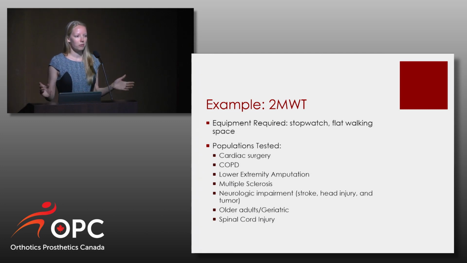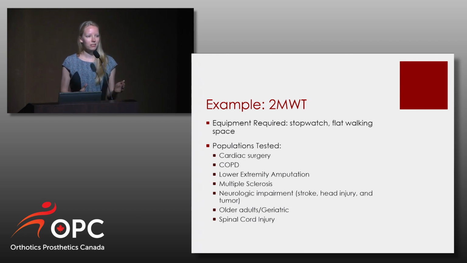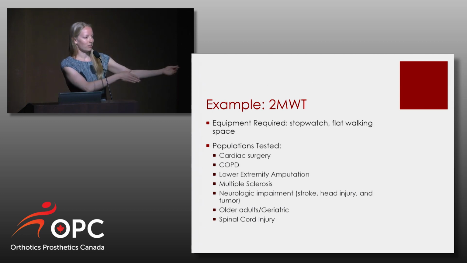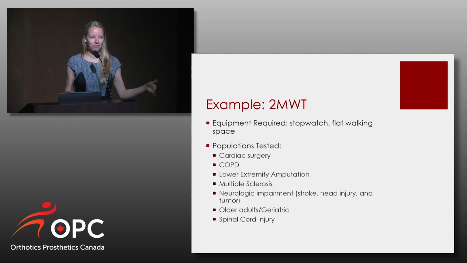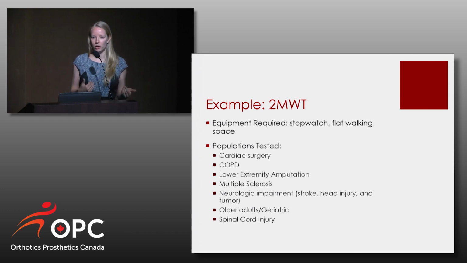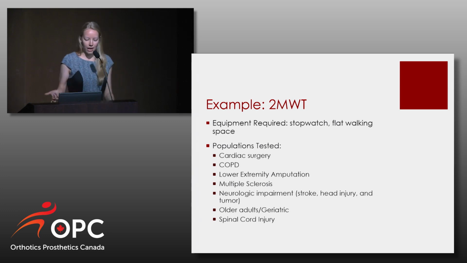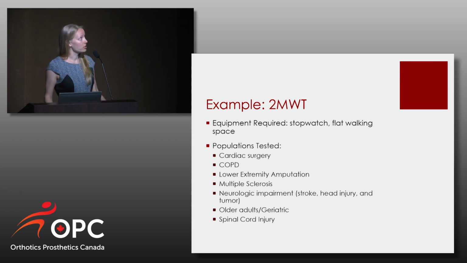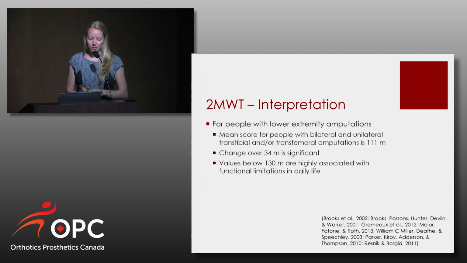So the 2-minute walk test. All you need is a flat surface, a stopwatch, and a meter stick where you can portion out how long your walkway is. Very simple. We can probably all find a walkway of some sort. If we can't find one that's long enough for the 2-minute, we can choose a shorter walking speed test. And it's been tested on a variety of populations, and there's information available on how to interpret it.